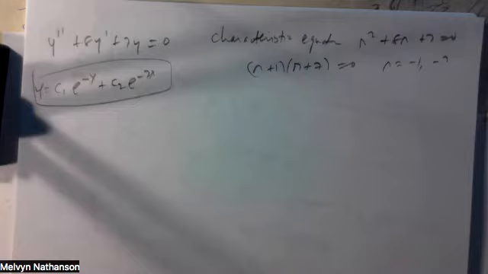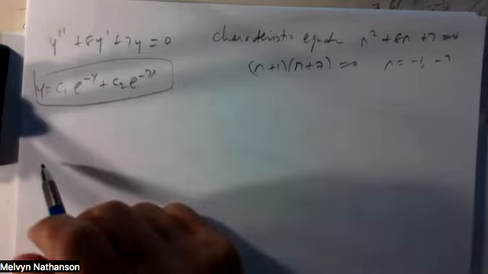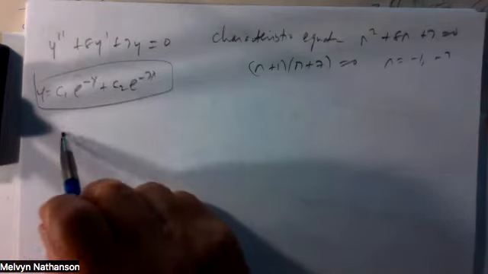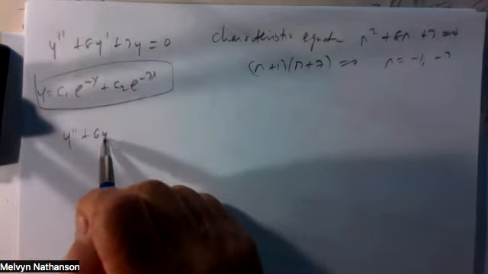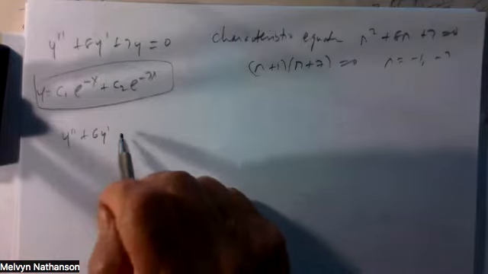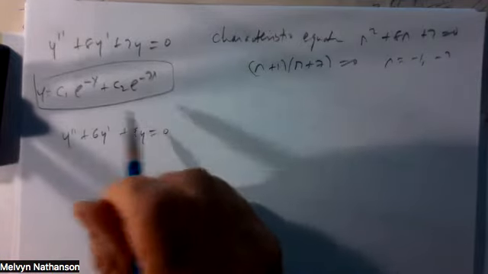So this is the case of a differential equation with constant coefficients, where the characteristic equation, that quadratic equation, has two distinct roots. Right? Let's look at a different case. Suppose we have the following problem. Say y double prime plus 6y prime plus 9y equals 0.